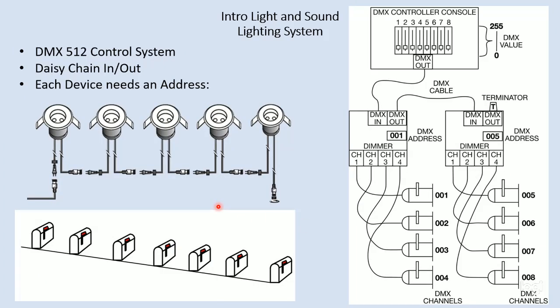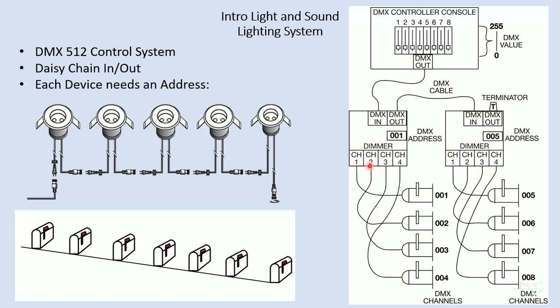So DMX 512. The cool thing about DMX 512 is it can be daisy chained, right? So we can run into one device and come out of it and go into the next device and the next device and the next device. And each one of these devices is going to need a starting address. If we were to look at our diagram over here to the right, we have our first dimmer pack with a starting address of 1.